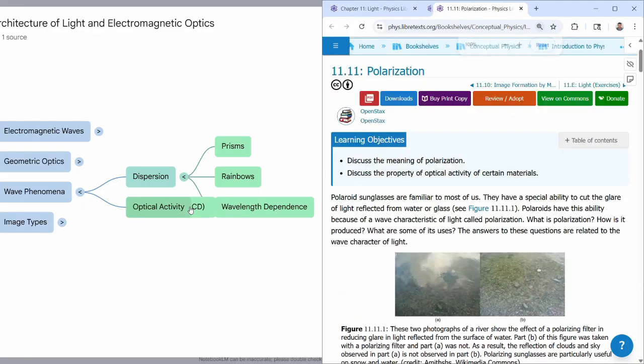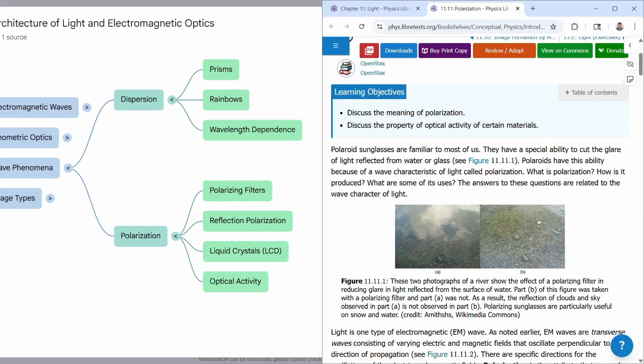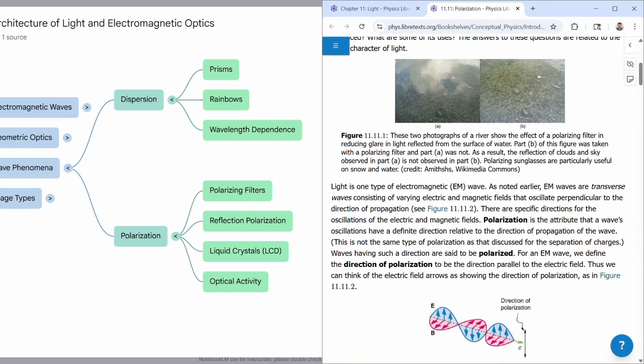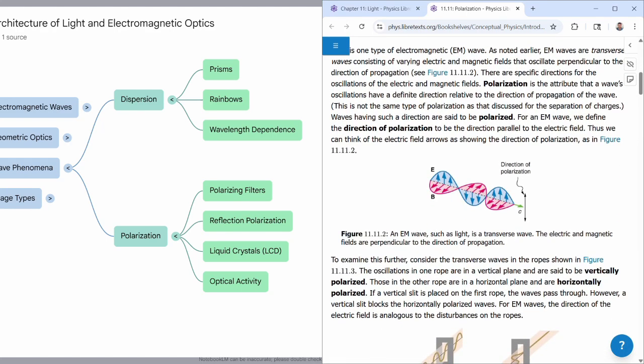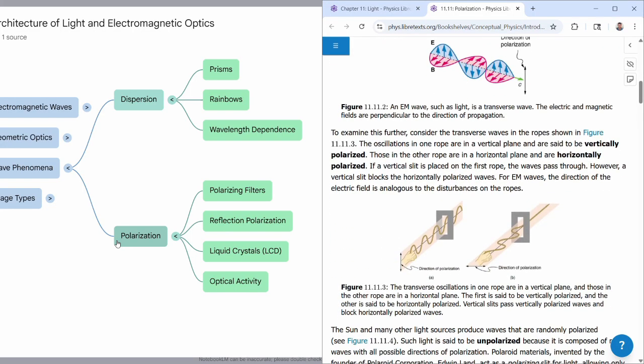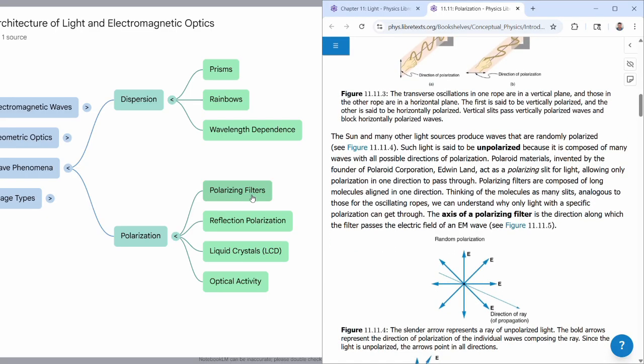And polarization refers to how light is a transverse wave, and the direction of the electric field in the light wave, the electromagnetic wave, defines the polarization. And depending on that direction of the electric field, light interacts slightly differently. There are devices meant to utilize that difference in how they interact. It's called a polarizing filter.